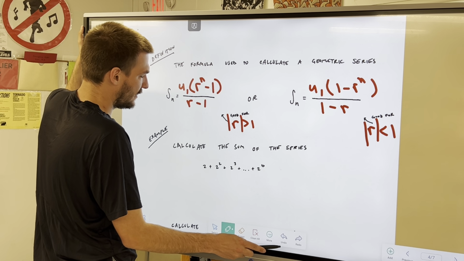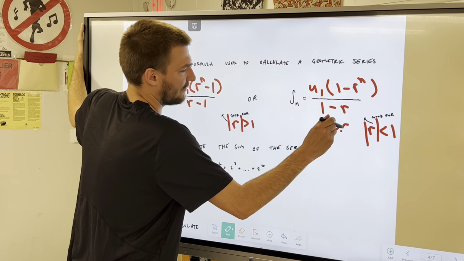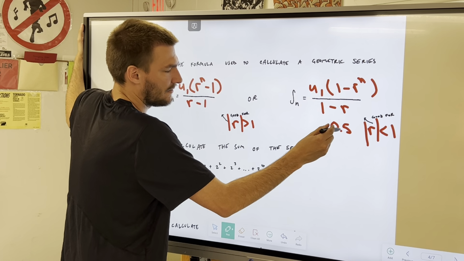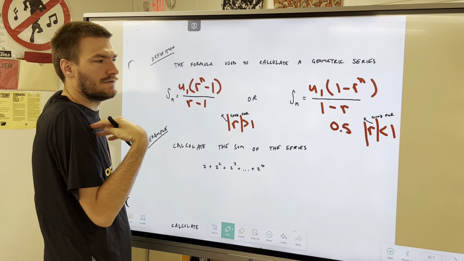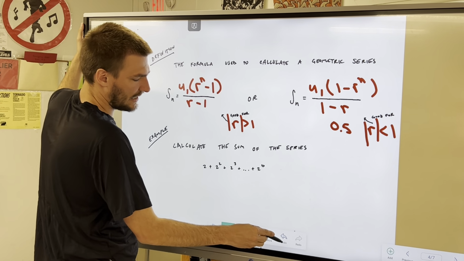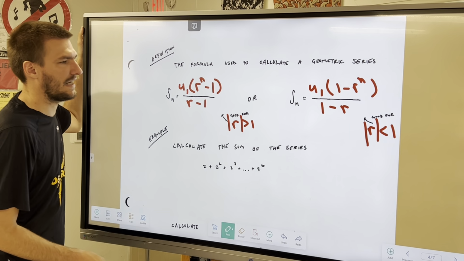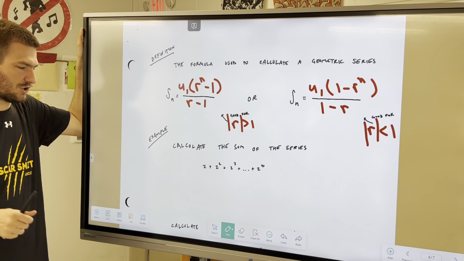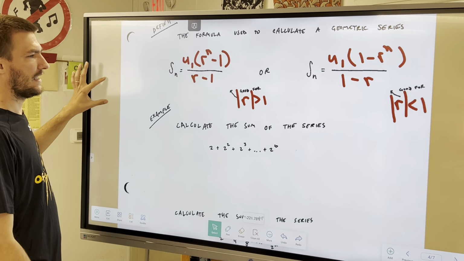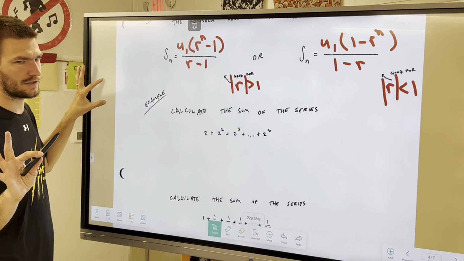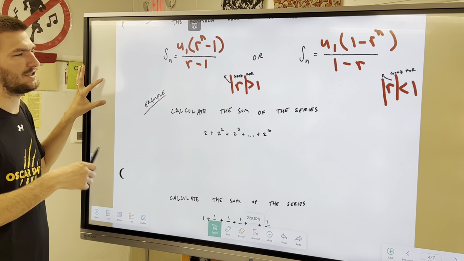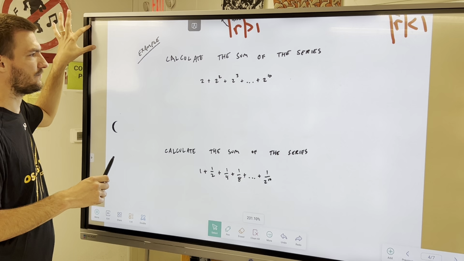However, over here, if I try 0.5, then it's going to be 1 minus 0.5, and it's going to be positive 0.5. So anyways, it just kind of keeps things looking a little bit nicer. Growth or decay, sure, right? It still totally works. The formulas are exactly the same. It just looks nicer. That's the only difference.